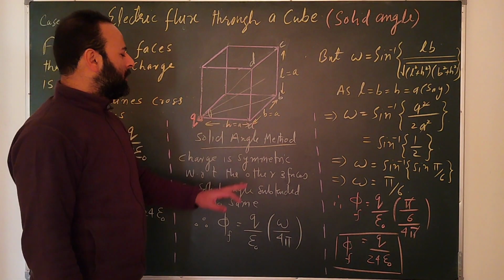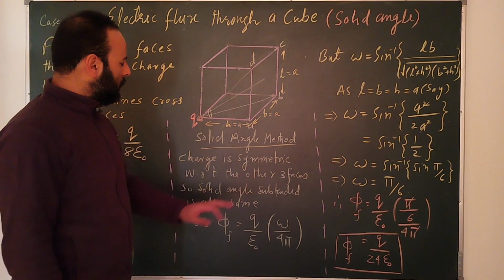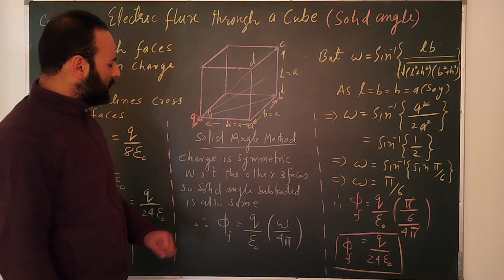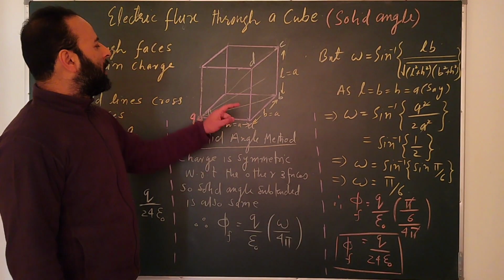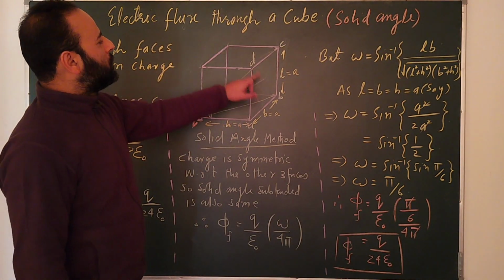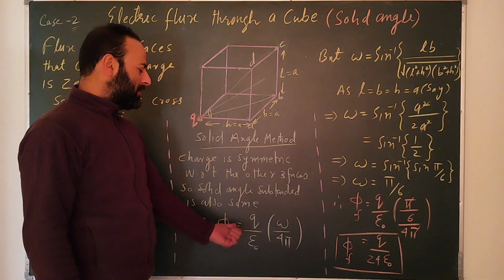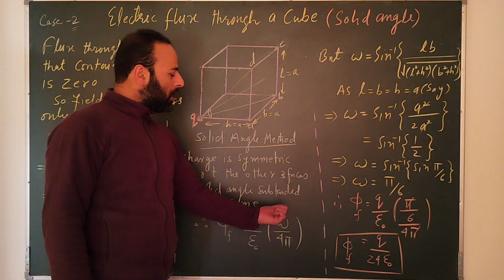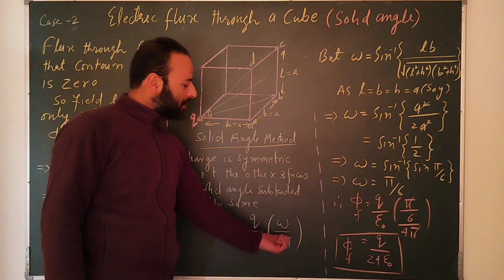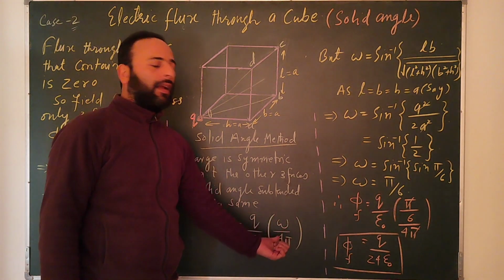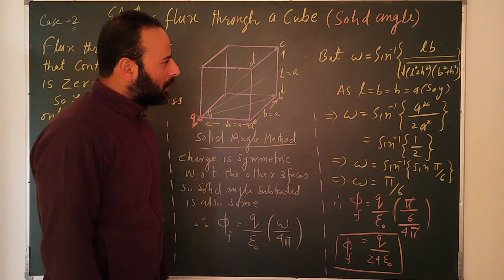Since the charge is symmetric with respect to the other three faces, the solid angle subtended is also the same by the top face, this face and this face, right? So therefore, flux through each face is q divided by epsilon naught times the solid angle subtended by the face divided by total solid angle, that is 4 pi, right?